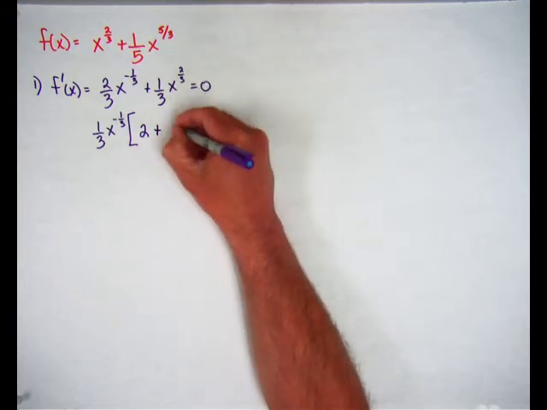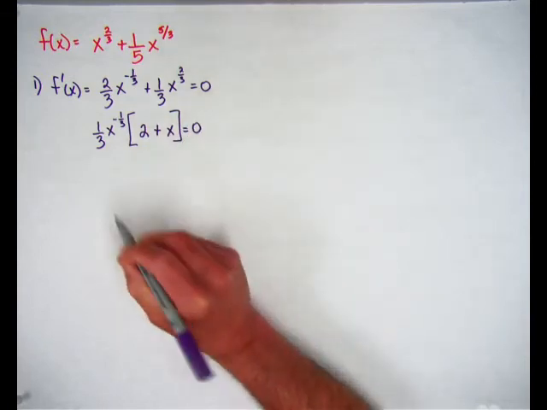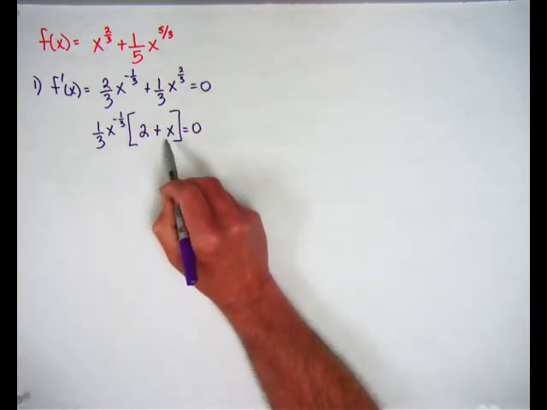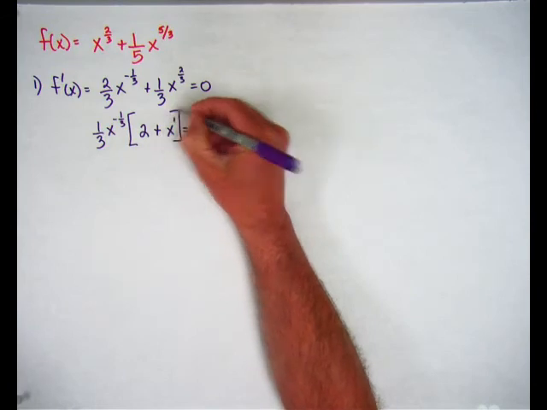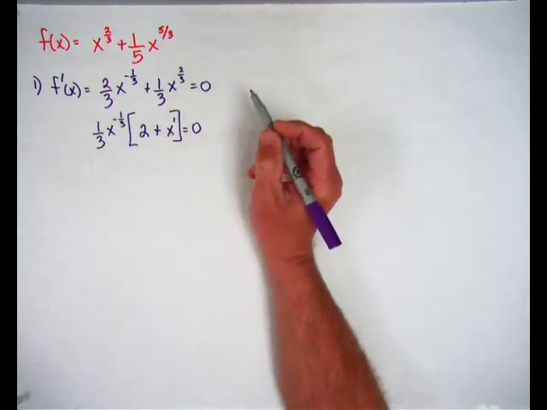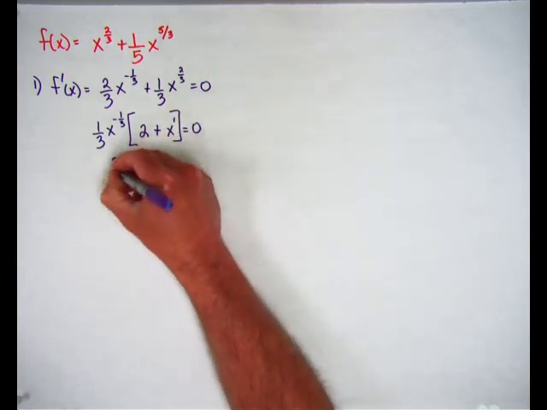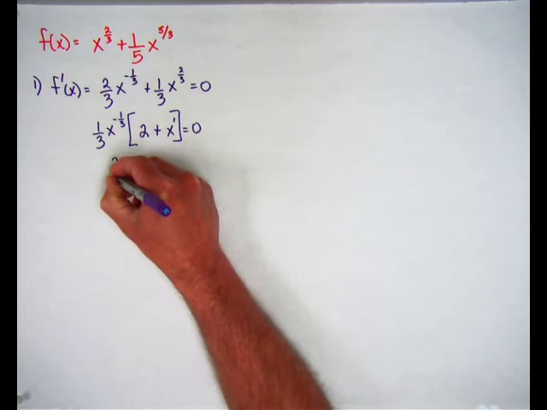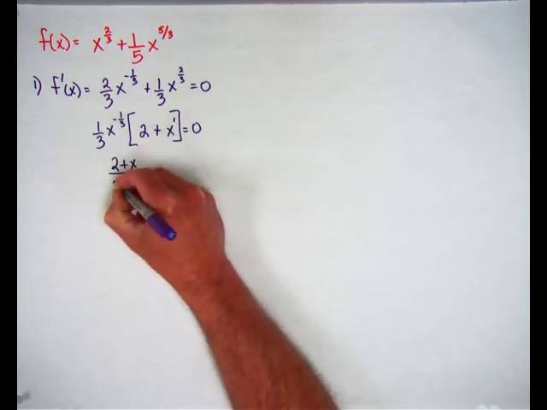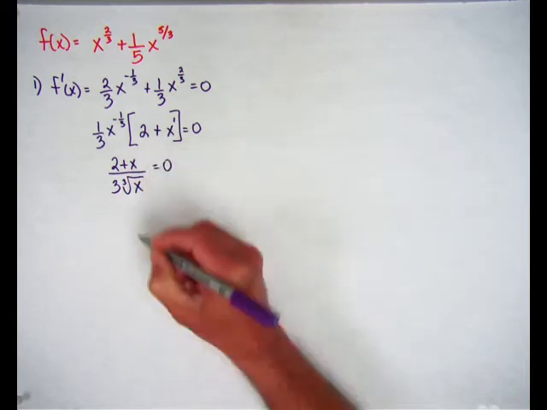The 1/3 is coming out, so we end up with just 2 plus x equals 0. You can always verify that by multiplying it back in. Think of this as being x to the 1. So if you add negative 1/3 and 3/3, you get x to the 2/3. I'm just going to rewrite this: 2 plus x over 3 cube root x equals 0.